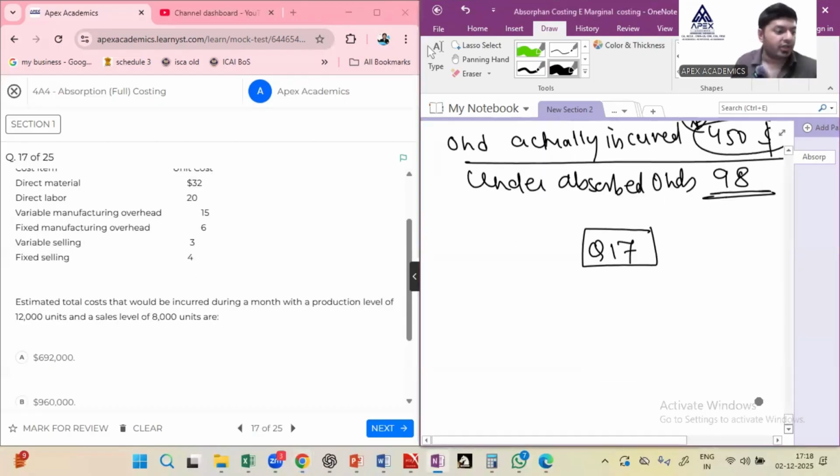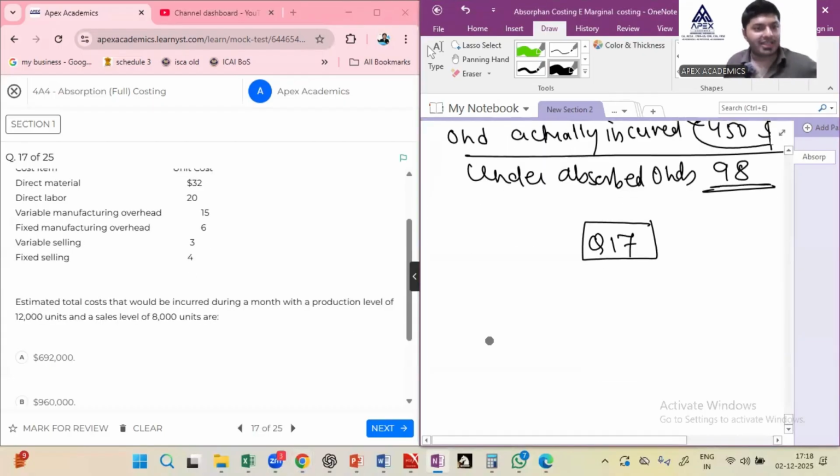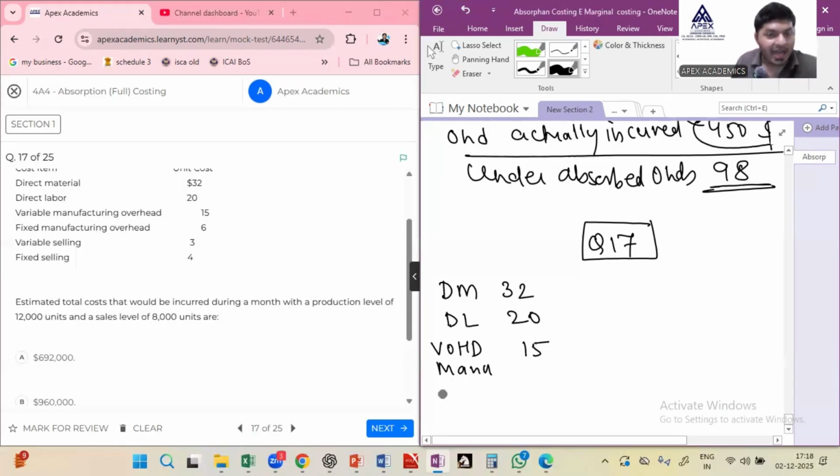Now let us calculate. Let us begin first of all by saying that my direct material is 32. My direct labor is 20. My variable overheads of manufacturing are 15 and my fixed manufacturing overheads are 6.